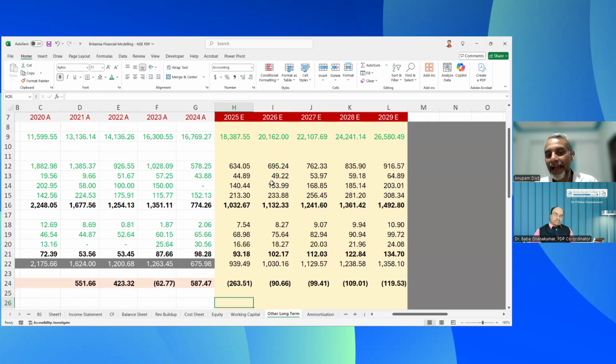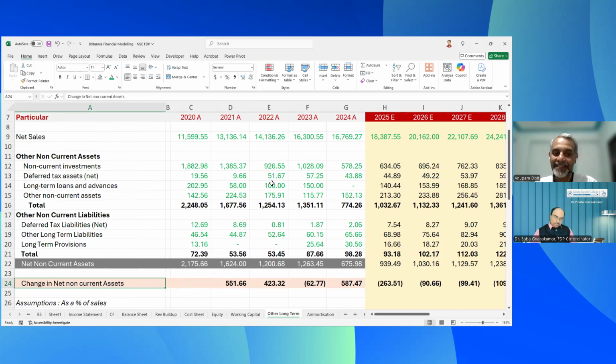This one line item is the only one that goes into my cash flow statement, not any of these different line items. I have made a line item here, change in net non-current asset. So net non-current asset is basically current asset minus current liability.